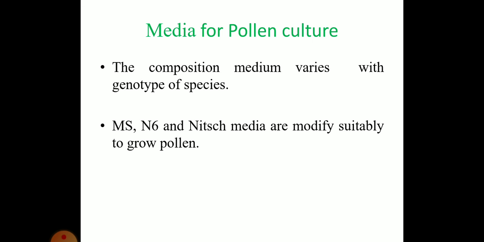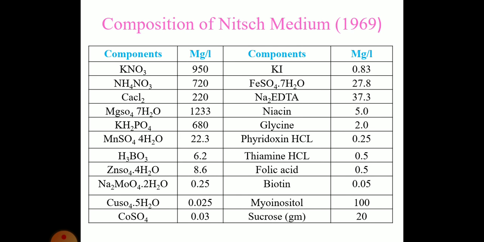Addition of cytokinin promotes pollen culture growth of solanaceous plants, and the embryogenesis process is done. Addition of 2,4-D promotes callus growth in pollen culture of cereals. Sucrose and fructose are very effective in pollen culture. Here is the composition of Nitsch medium, the components involved and their quantity in milligrams per liter.